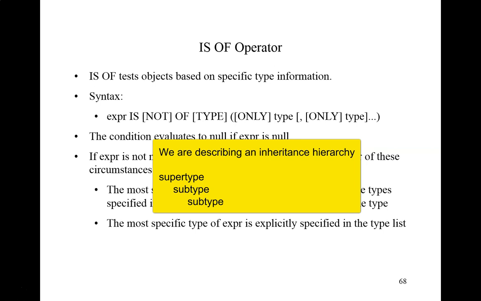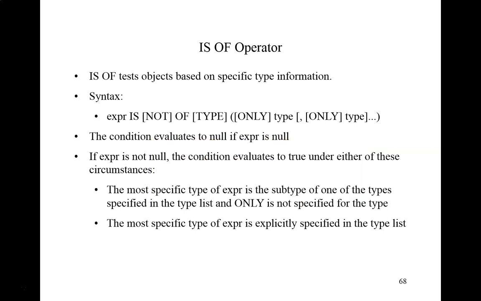Subtypes of a specified subtype are just more specialized versions of the specified subtype. If you want to exclude such subtypes, you can use the only keyword. With this keyword, isOf returns false for all types except the specified type.